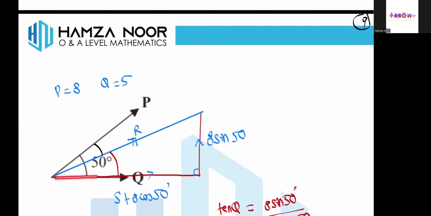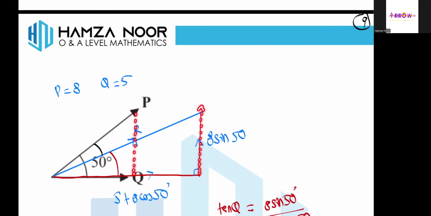So for that purpose, I have extended this line over here like this. This makes sense or not? Because in Q, in 5, we are adding 8 cos 50. And since there is only one vertical component over here, which is basically P sine 50, or you can say 8 sine 50, whatever the length of the vertical component of P would be, it would have the same length as 8 sine 50 over here.